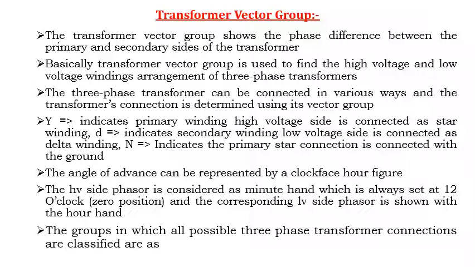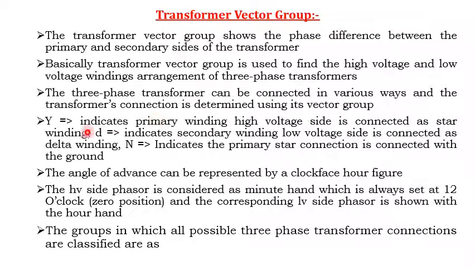It shows the phase difference between the primary and secondary side of the transformer. Basically, the transformer vector group is used to find the high voltage and low voltage winding arrangement of three-phase transformers. The three-phase transformer can be connected in various ways, and the transformer connection is determined by using its vector group.